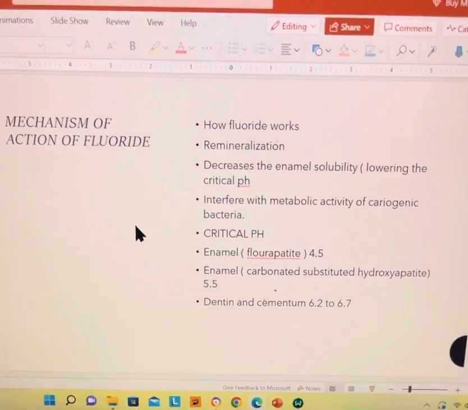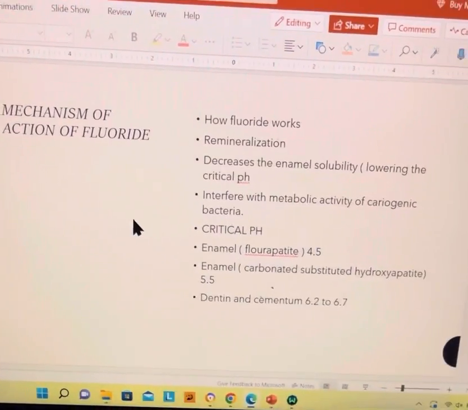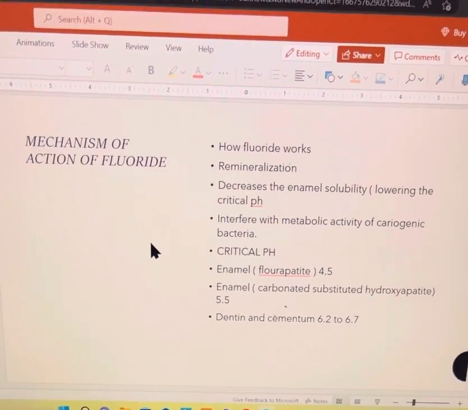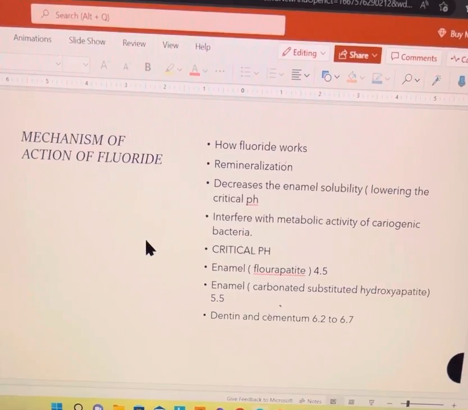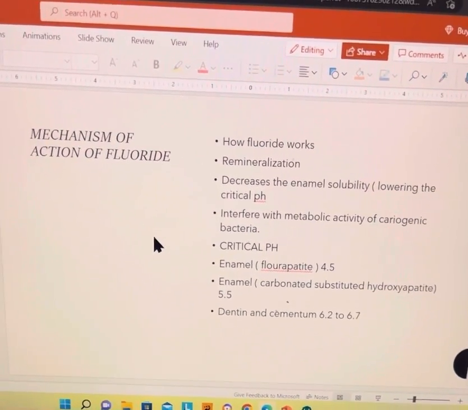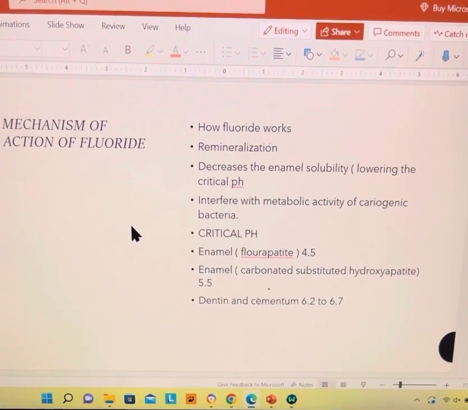So what is this critical pH? It is different for enamel, dentin, and cementum. Enamel which is fluorapatite, or the apatite which has fluoride, has a critical pH of 4.5.